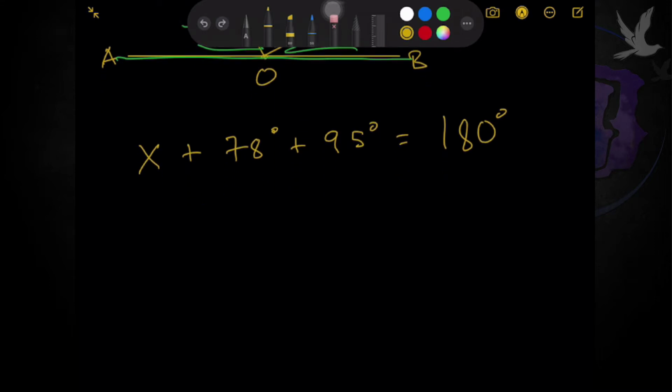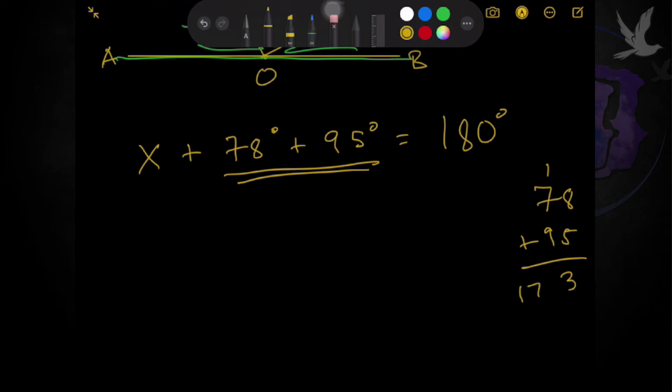So all you need to do first, if may multiple given tayo, is to add them all up first. So that's 78 plus 95. Add nyo lang. 8 plus 5 will give us 13. Carry over. That's 173. Okay, so we now have 173.